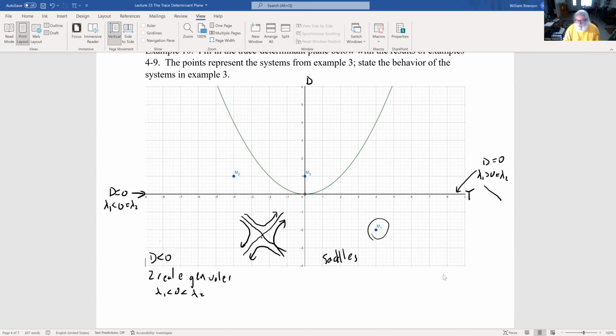You have a line of equilibria and a bunch of stuff running away from it in the other eigenvector direction. And here you'd have a line of equilibria and stuff running into it. So if we're anywhere along this line, d equals 0, the t-axis, we know we have a 0 eigenvalue.